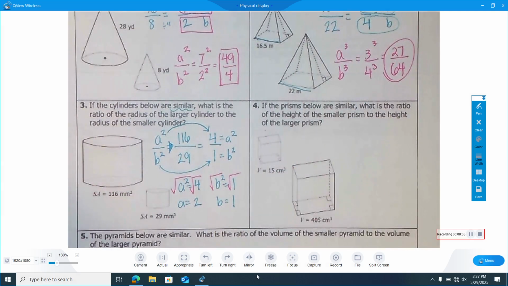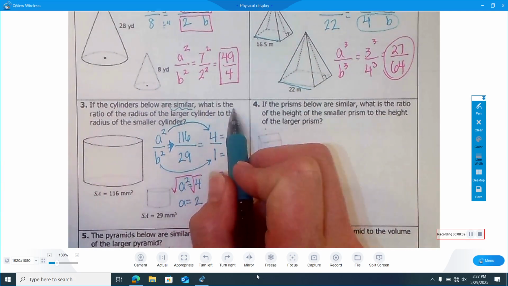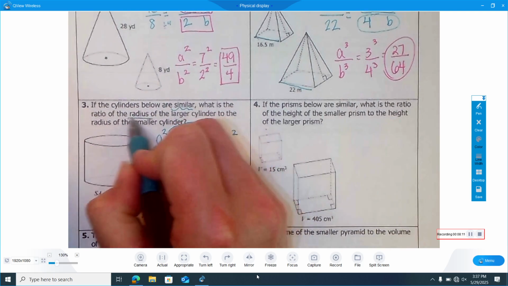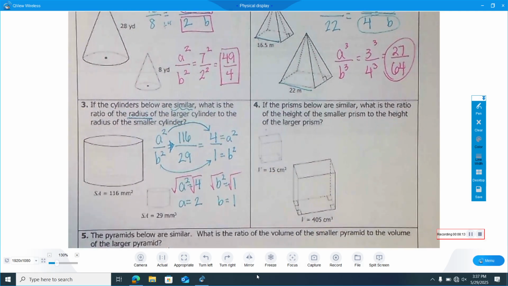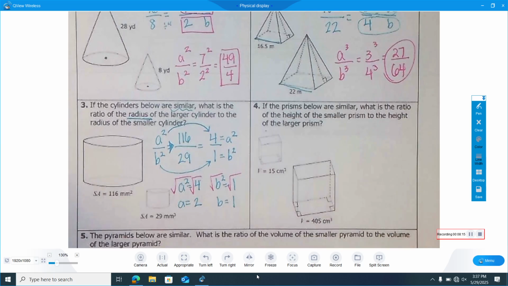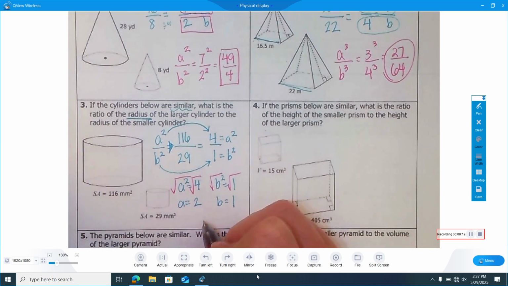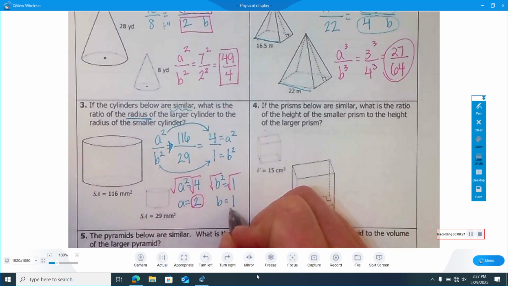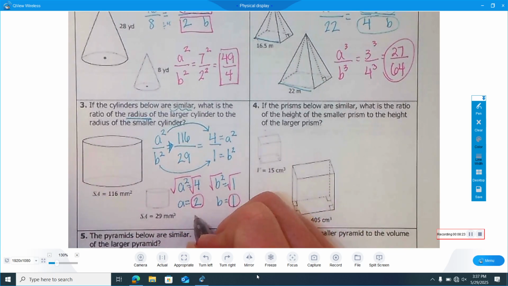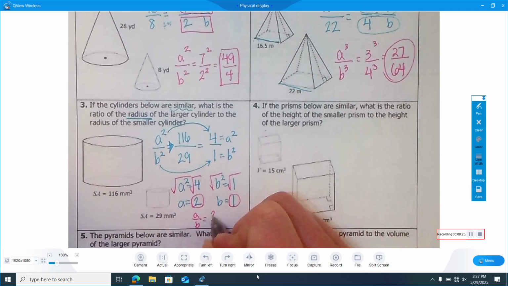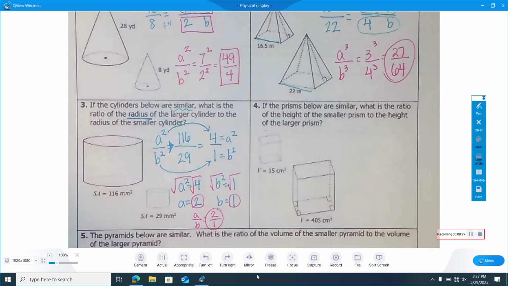Square root of 1 is 1. And so it's asking, what is the ratio of the radius? Well, radius is a linear unit, so they're just looking for that linear length, and the ratio would be A over B. So A over B would just be 2 over 1, and that's what they're looking for there. Ratio of a linear length.